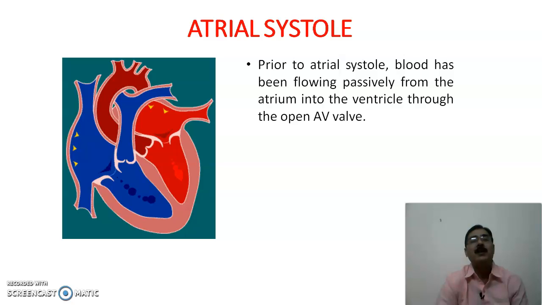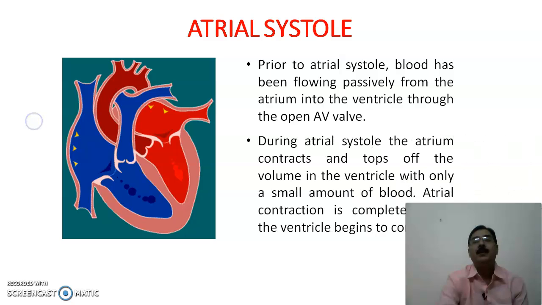As you can see in the diagram also, the arrow is showing that the left ventricle is receiving the blood from the left auricle, while the right auricle is sending the blood to the right ventricle. During the atrial systole, the atrium contracts and tops off the volume in the ventricle with only a small amount of blood. Atrium contraction is complete before the ventricle begins to contract. So this is the first phase.